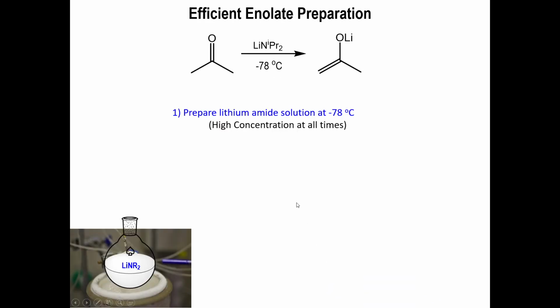Now the way that this has to be done is kind of specific, so I'm going to walk you through it from the point of view of the experiment. Pretty much what you want to do is ensure that you prepare the enolate in such a way that there is little to no protonated ketone, the unreactive ketone, because if there is, the enolate will react with unreacted ketone.